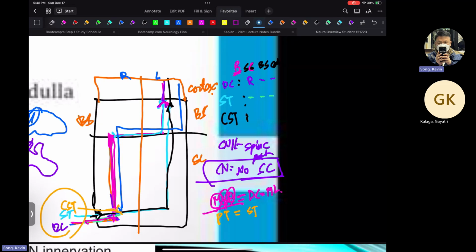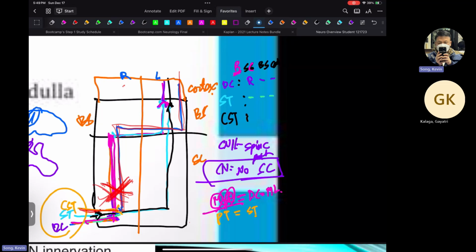If I had a lesion right here, the corticospinal tract is this one, the blue one right here, right? So if I had a lesion in the spinal cord, does it have an impact on the right side of the corticospinal tract?